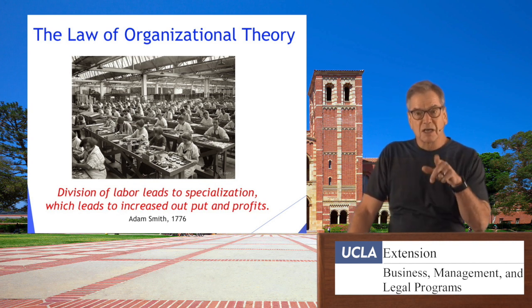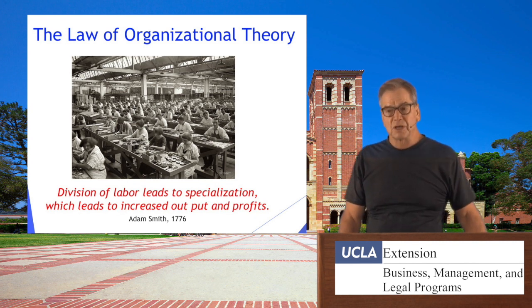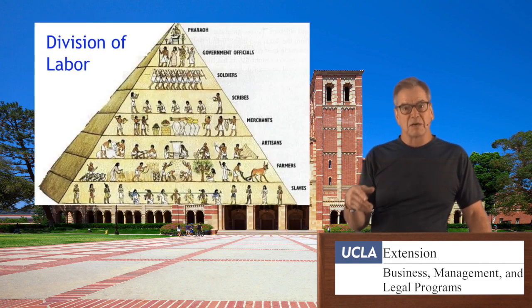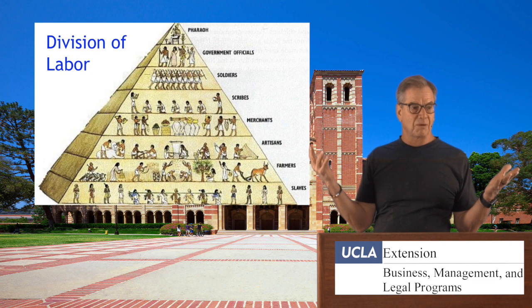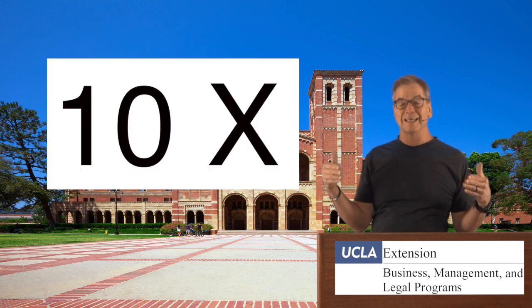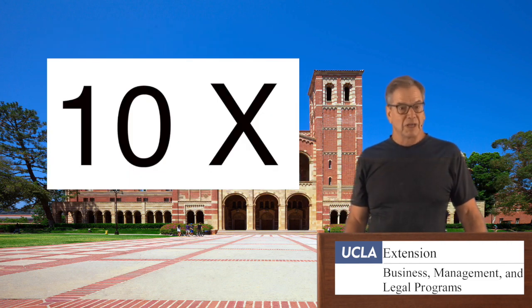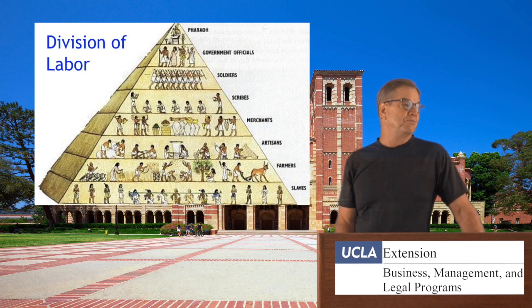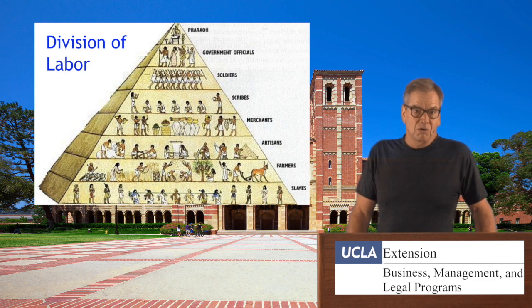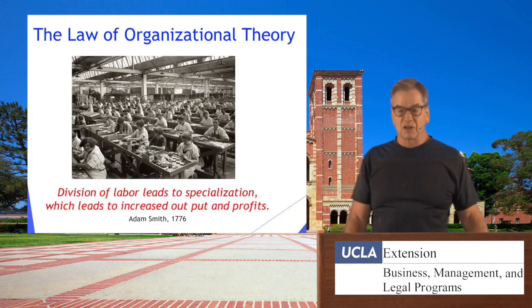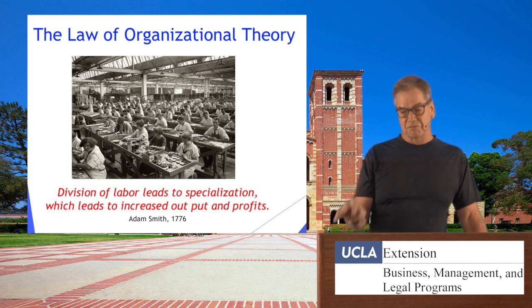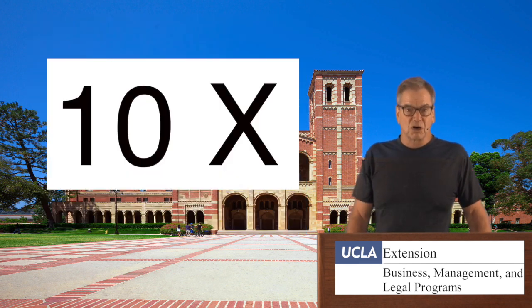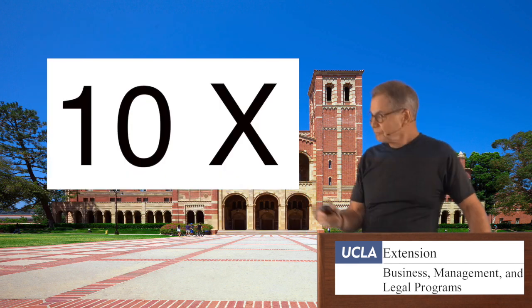Whenever we divide labor and allow it to specialize, we increase our profitability and efficiency tenfold. Example after example throughout the modern era, whenever organizations develop an org structure and hire and train people to specialize in different functions, they increase their output tenfold.